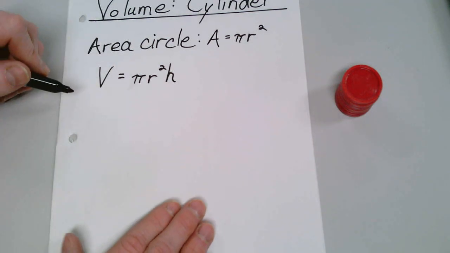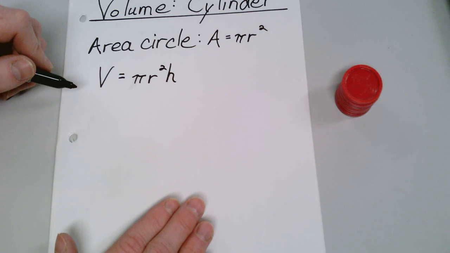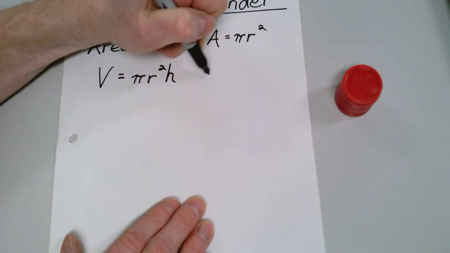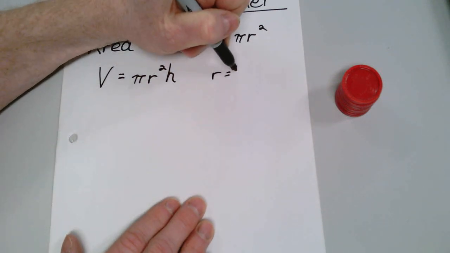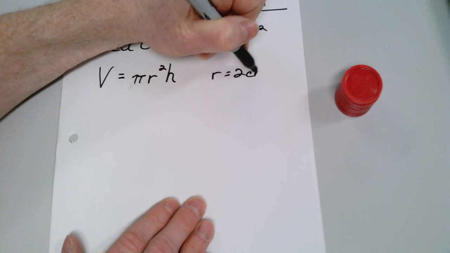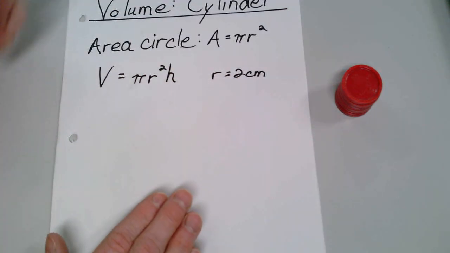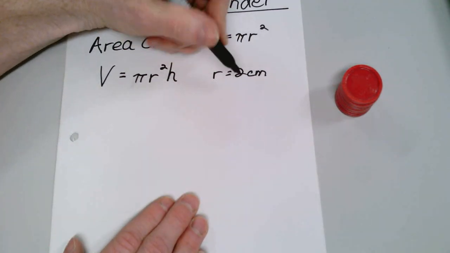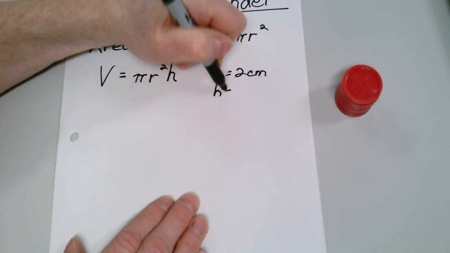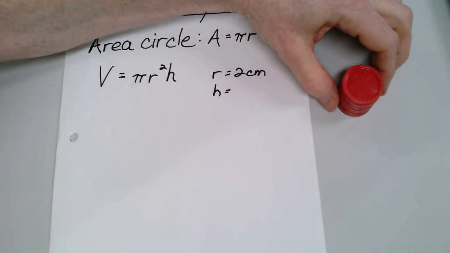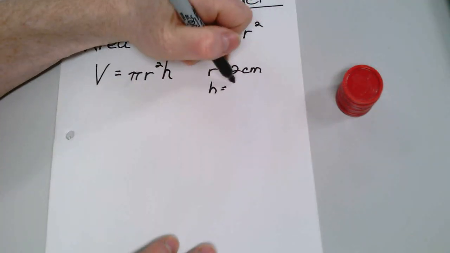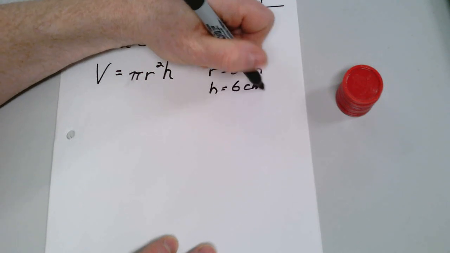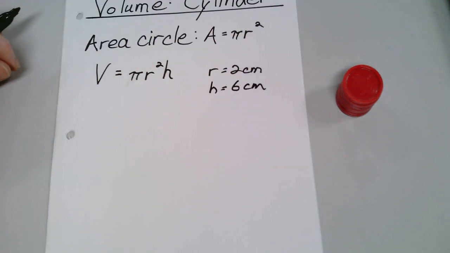Let's pretend that our radius is 2 centimeters. Remember, radius is halfway across the circle. Our height, because I have 6 chips here, let's just call it 6 centimeters. And that's all we need to be able to answer this question.